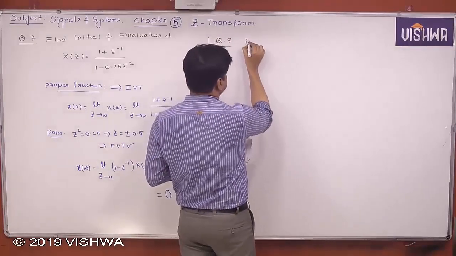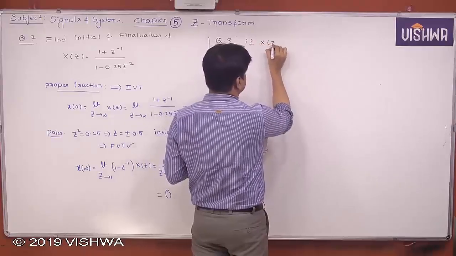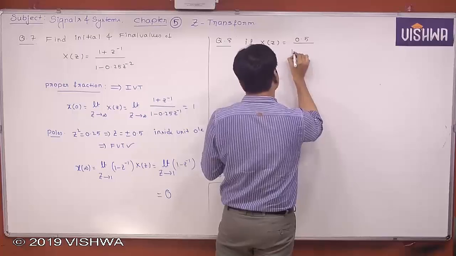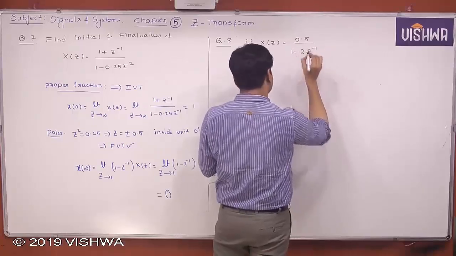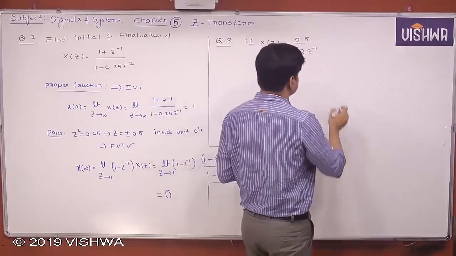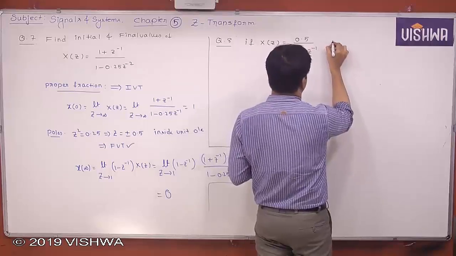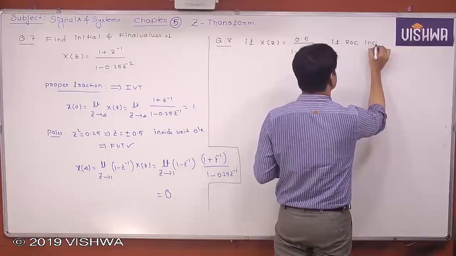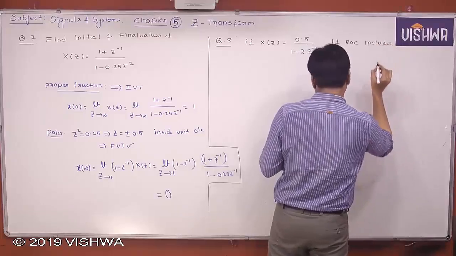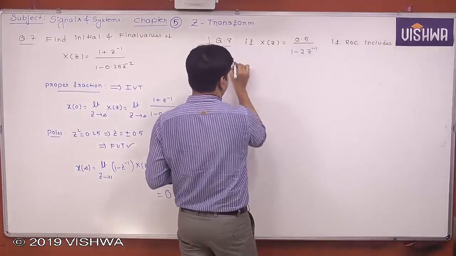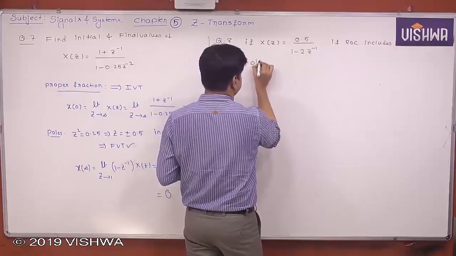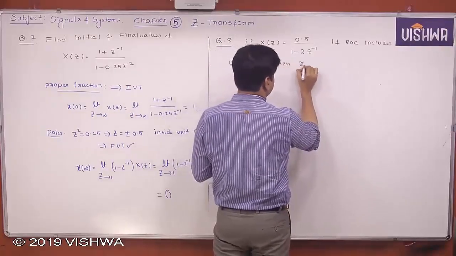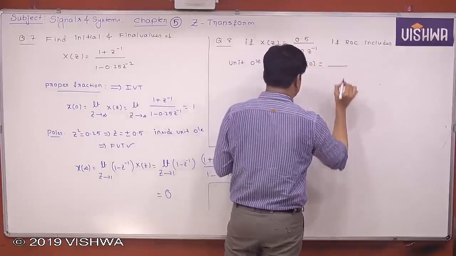Question 8. If x of z is equal to 0.5 by 1 minus 2 z inverse, and the ROC includes the unit circle, then small x of 0 is equal to dash.